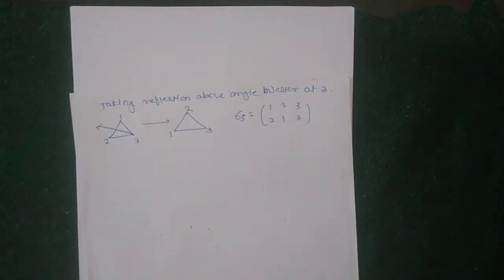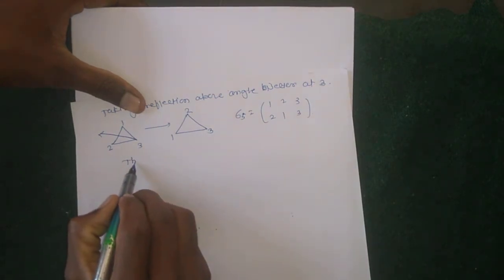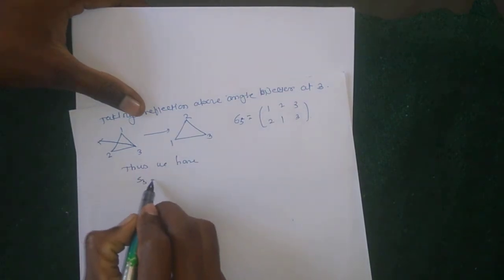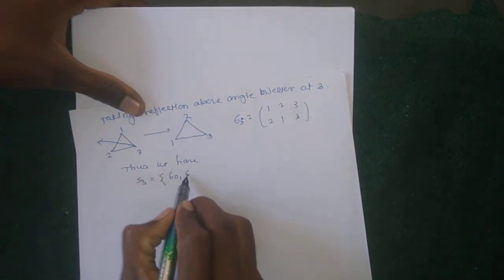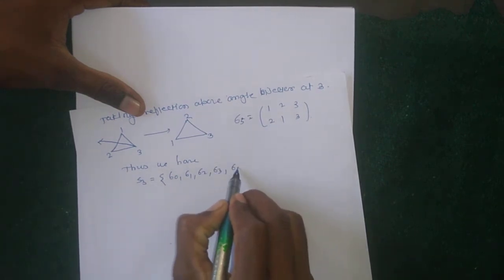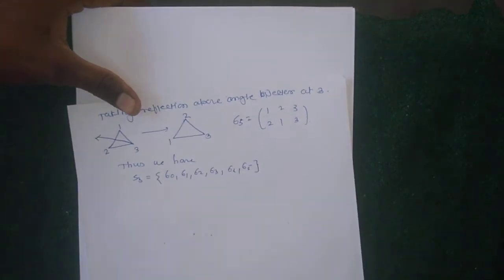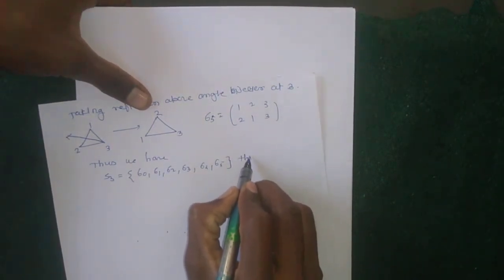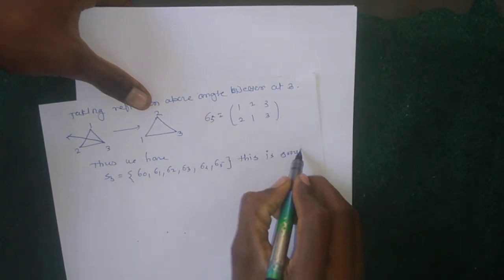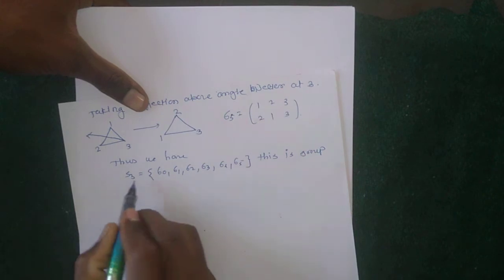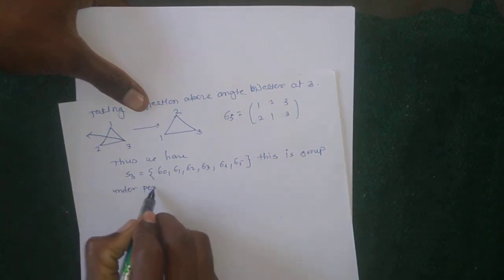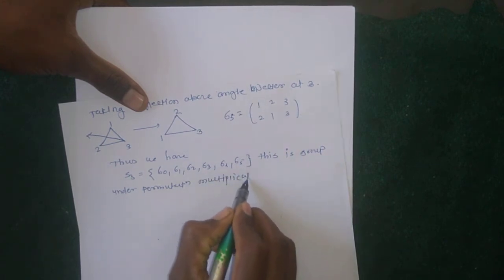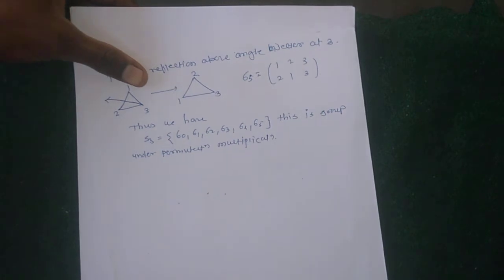Therefore, lastly, we have S3 equal to sigma naught, sigma 1, sigma 2, sigma 3, sigma 4 and sigma 5, which is a group under permutation multiplication.